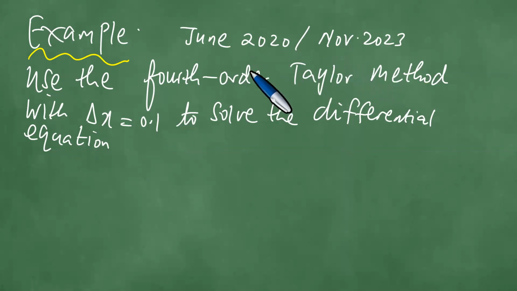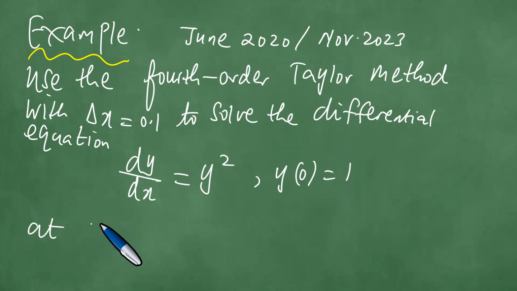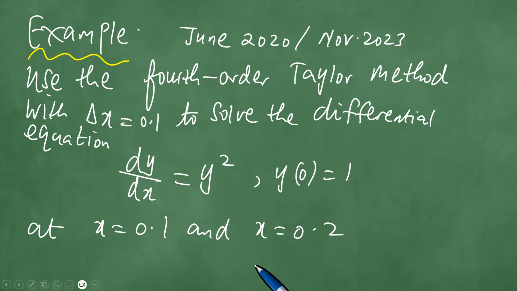So then you have dy dx is y squared, y0 is 1, at x equals 0.1 and x equals 0.2. Obviously we discussed the Taylor method, but now we just need to use it in this exam question.